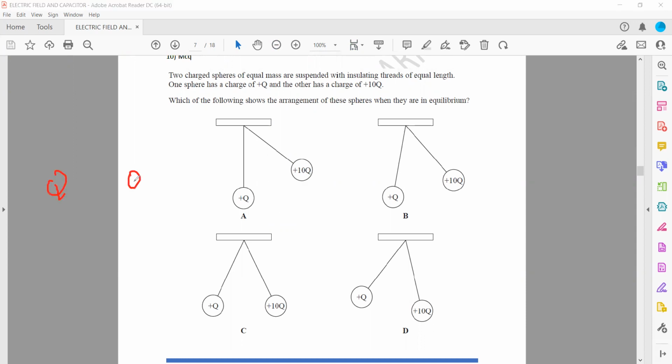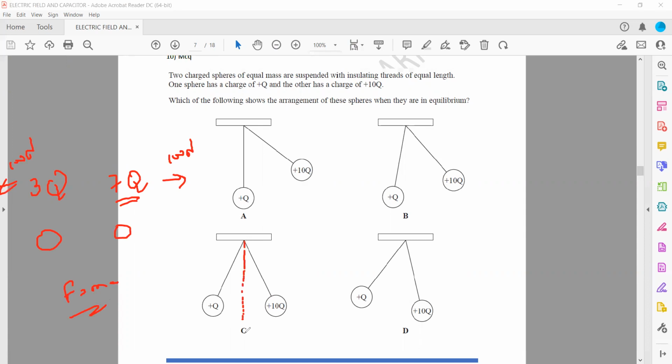If two charges are placed, they might be identical, they might be different, like 3 coulomb and 7 coulomb. Say the resultant force is 100 newtons. If 100 newtons acts on this charge, the same 100 newtons acts on the other charge. And as they mentioned, both have the same mass. So F equals ma, both will have the same acceleration, and both will be displaced an equal distance from their mean position.